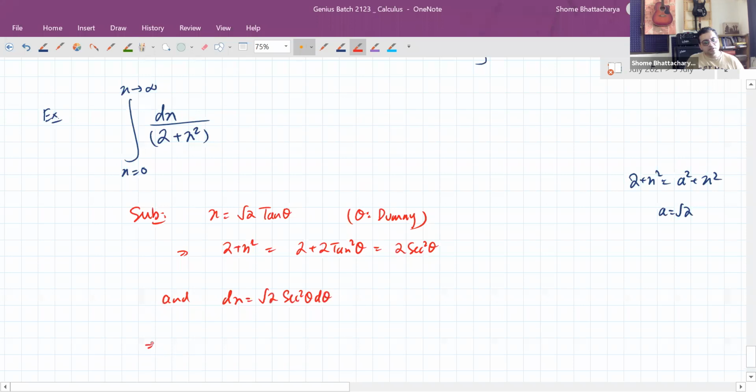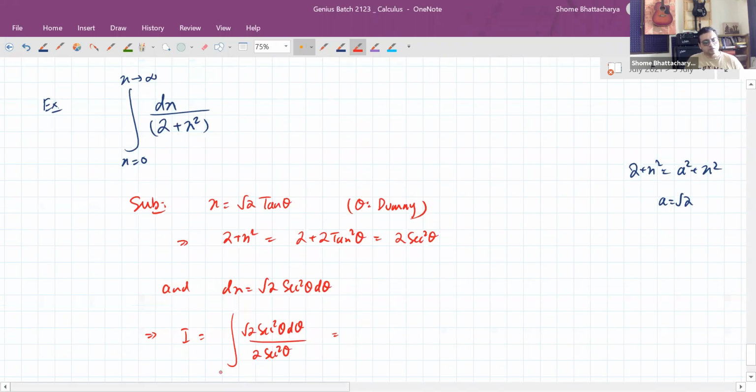So the integration now becomes, but with the limits. Okay. So x equal to 0 to x tending to infinity.